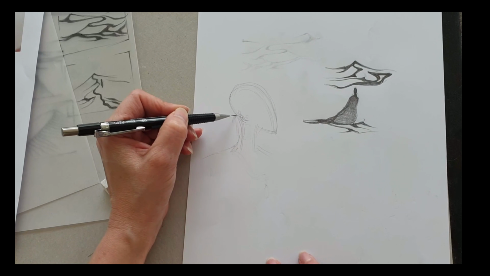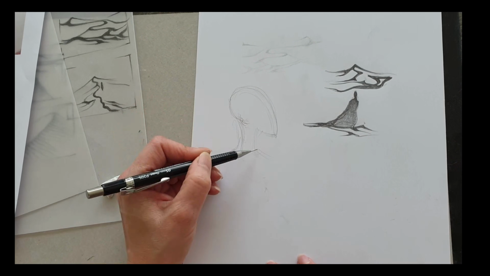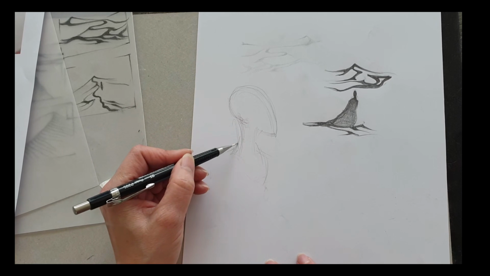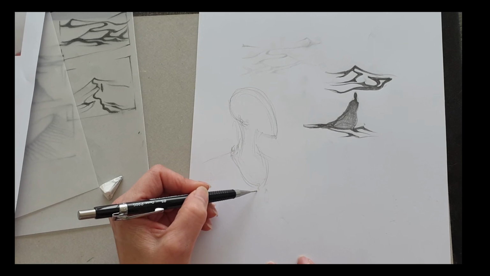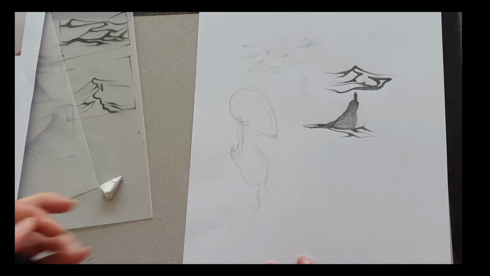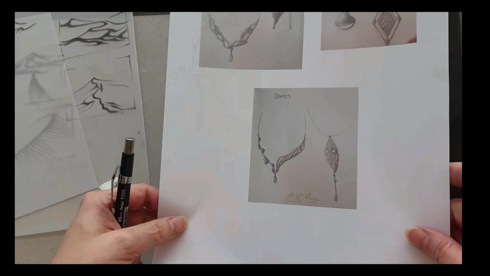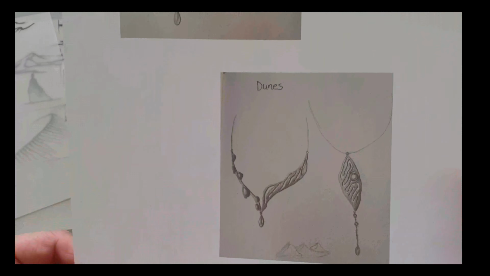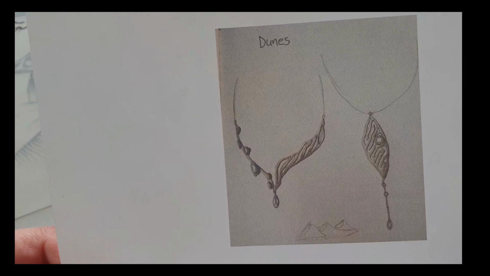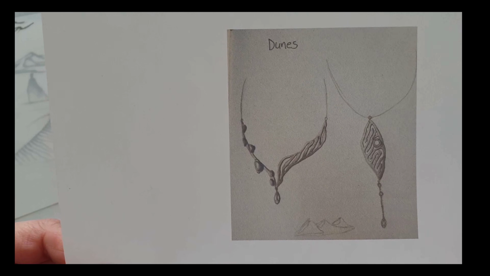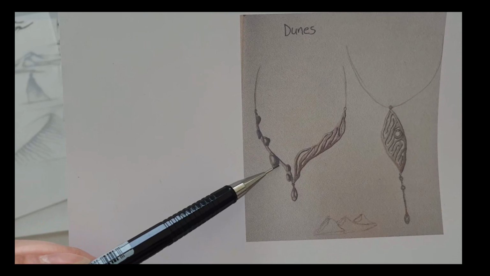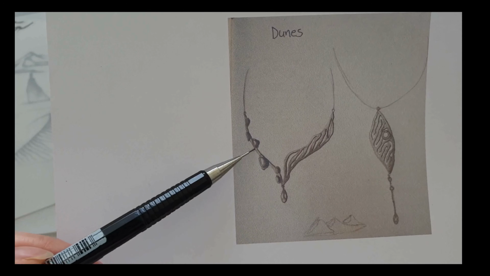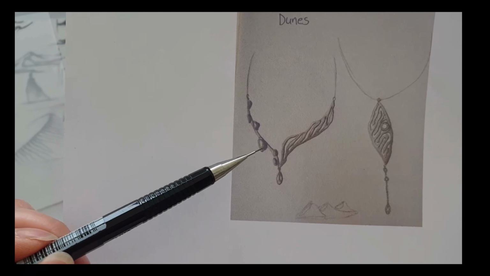The concept itself, is it going to be, say, a heavy necklace, or maybe a pendant accompanied with earrings, maybe something dropping down, just like Amna did in this particular necklace inspired by dunes, which I really like, and I really like that she used stones, and it's beautiful.